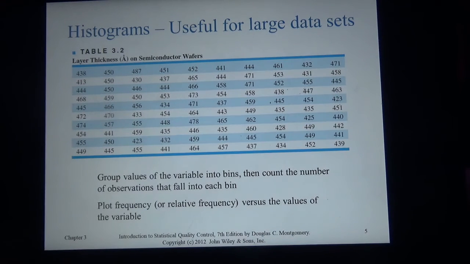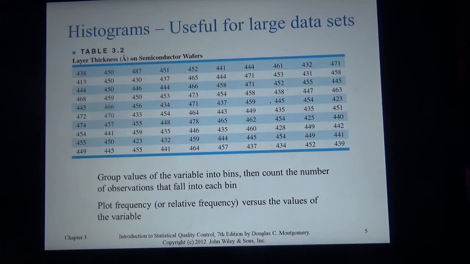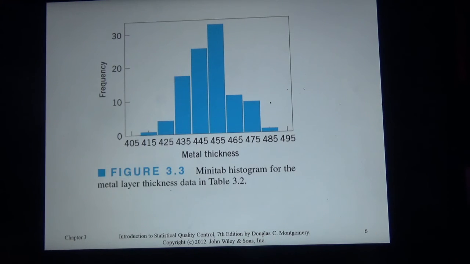Another useful tool is histograms. Histograms give us some idea about the distribution, the variation also. Again, this data looks like a normal distribution. So they use the Minitab histogram.